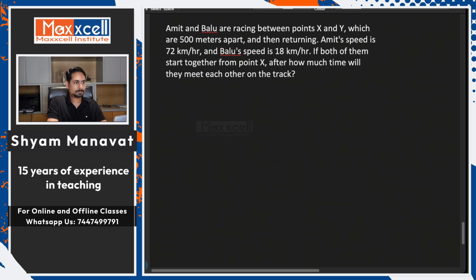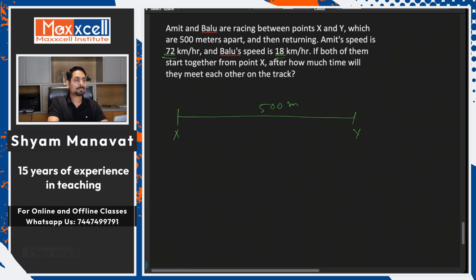So x and y, the difference is 500 meters. Let's convert the units because we need to see after what time they will meet. It will not only be relative speed, but you will also see some change in the direction.